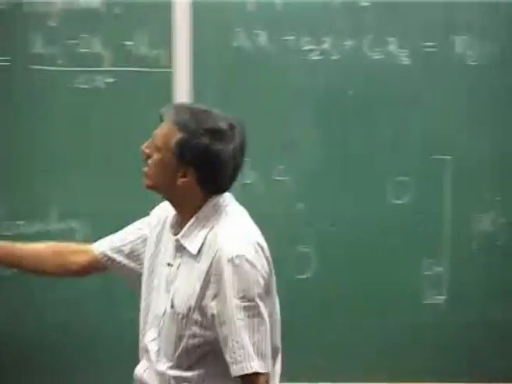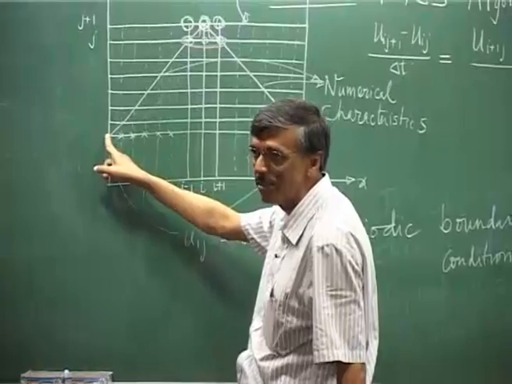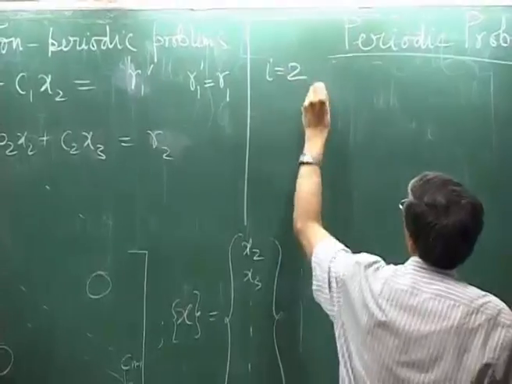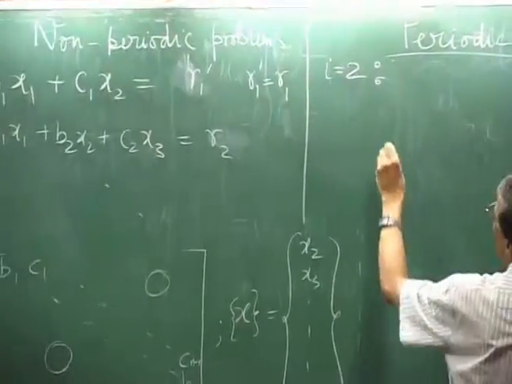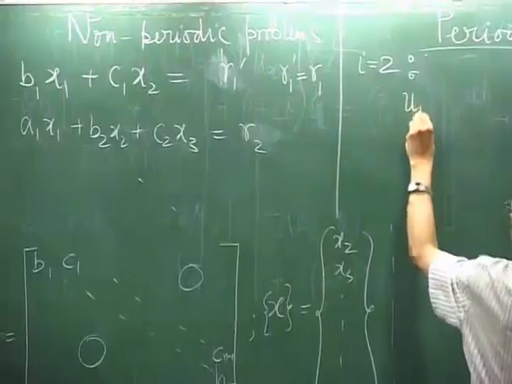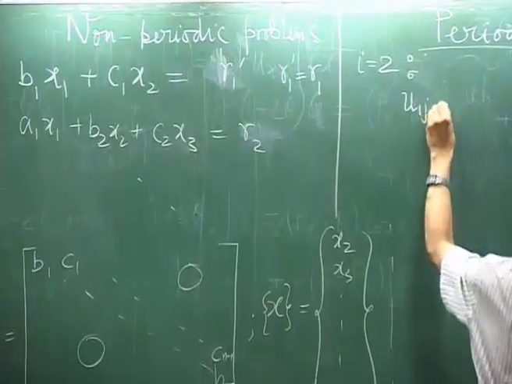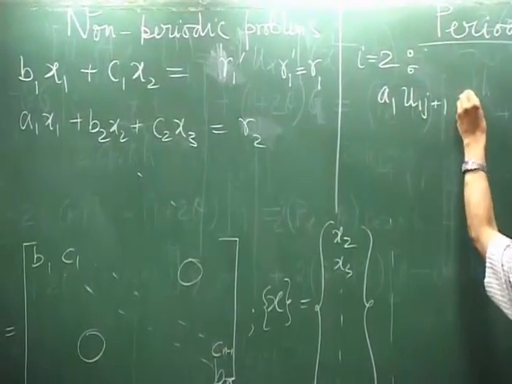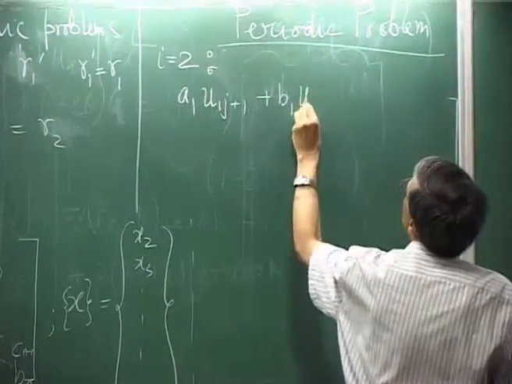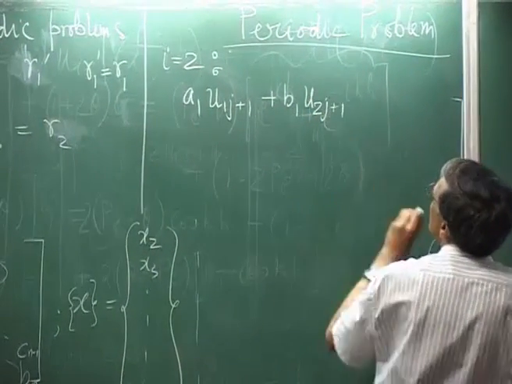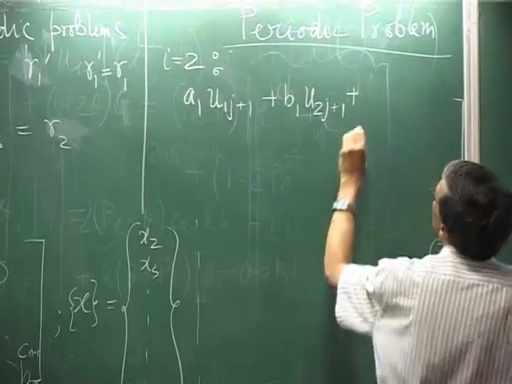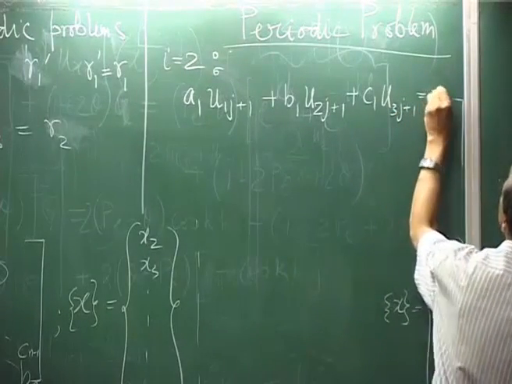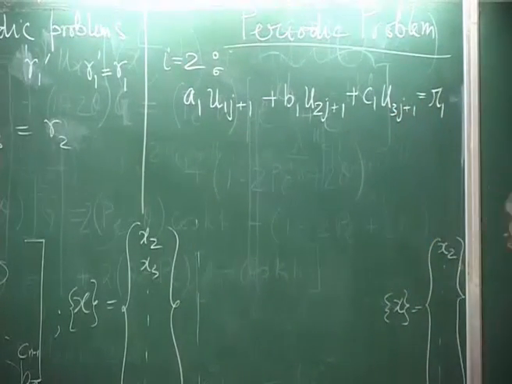That is how I have catalogued the unknowns. So if I write the equation for 2, then I have what here. For i equal to 2, let us write one of the equations that you will appreciate. You are going to get u1 at j plus 1, that is an unknown, multiplied by a1. Then I have b1 u2 at j plus 1 and c1 u3 at j plus 1 is equal to r1, right.